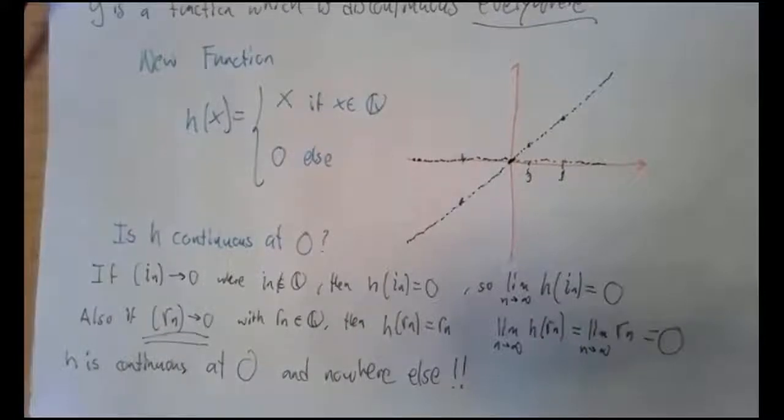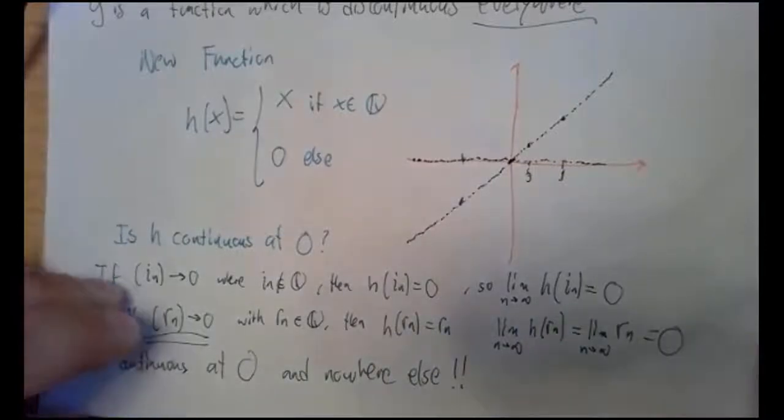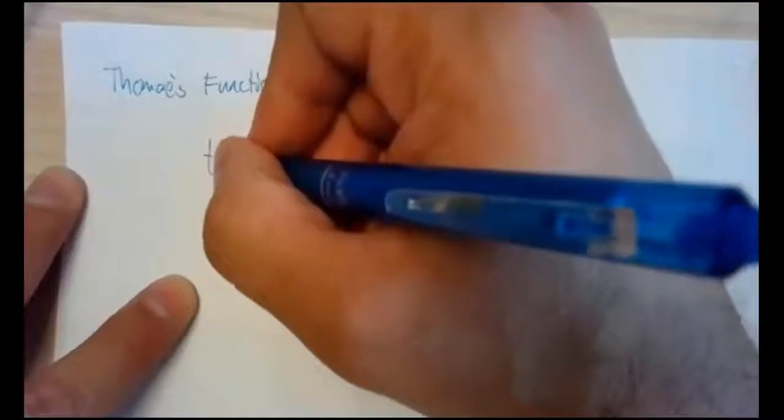All right. So we have yet another example of an important function here. And this one is a bit more complicated. So let's define it first, and then I'll tell you what. It also has a name. So this is Thomae's function. And it's defined as follows. So if you want to know what t of x is, it is the following.